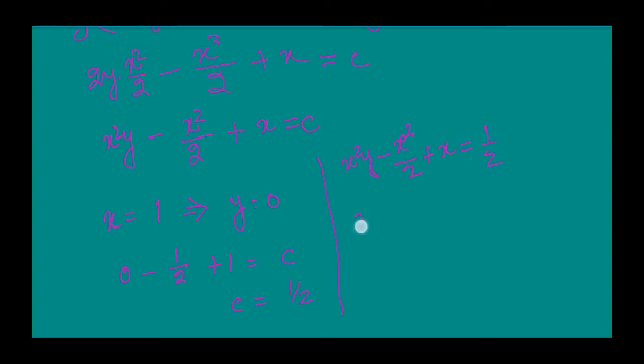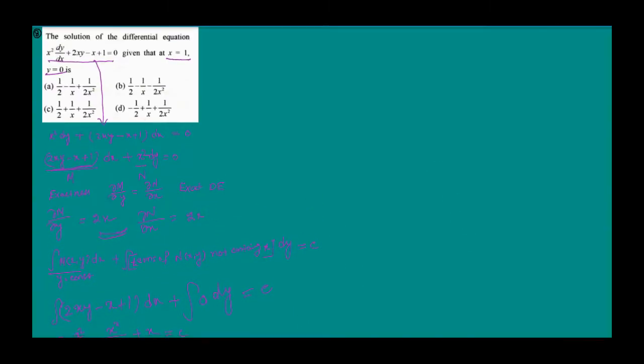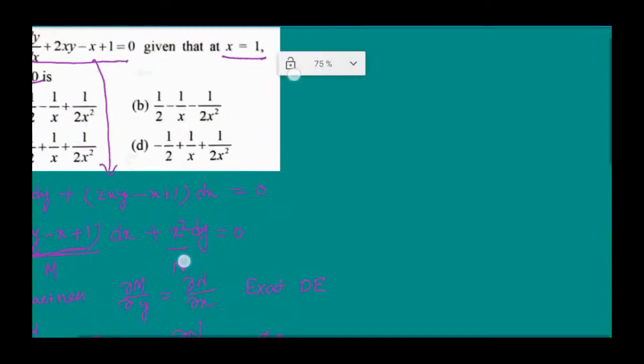So this is x square y is equal to half plus x square by 2 minus x, and y is equal to 1 by 2x square plus half minus 1 by x. This is the solution, and we have to search for it in the options.